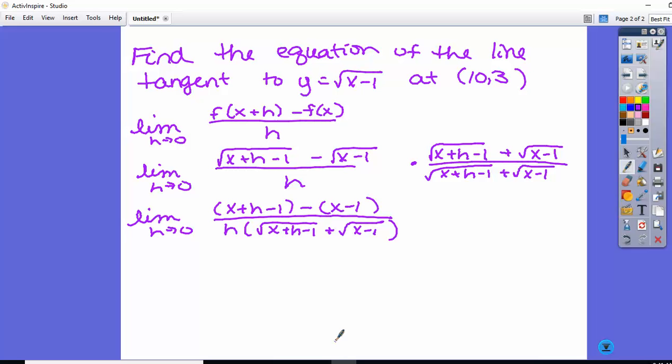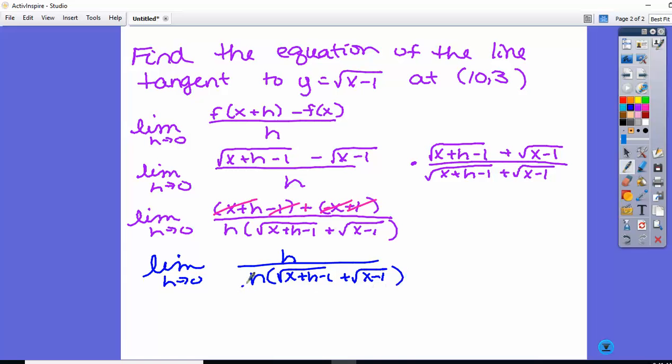Now what? If I run my conjugate through, then my x's drop. I've got h over h times this. So now you can drop your h and plug in. Get 1 over x plus 0 minus 1, or 1 over 2 radical x minus 1.